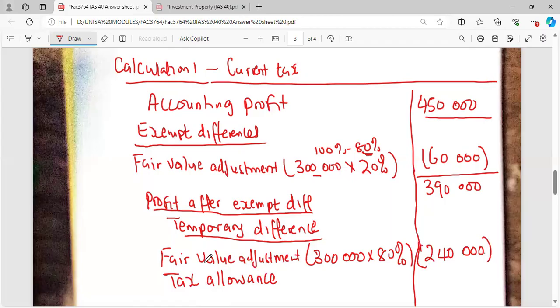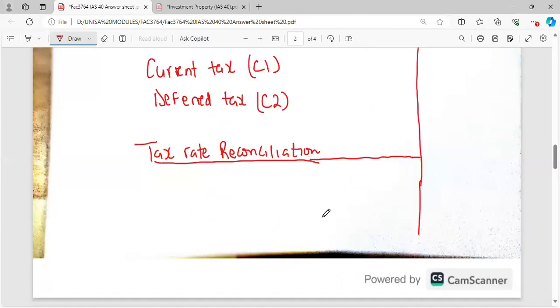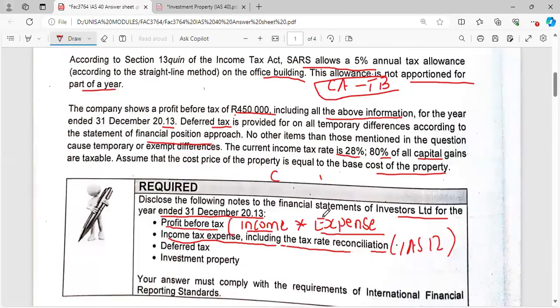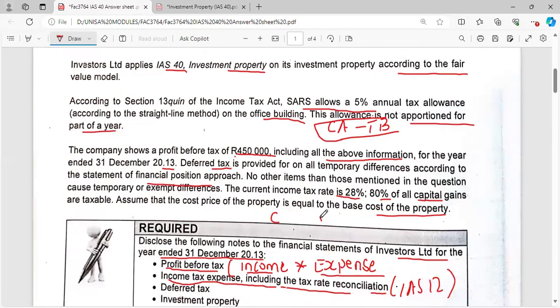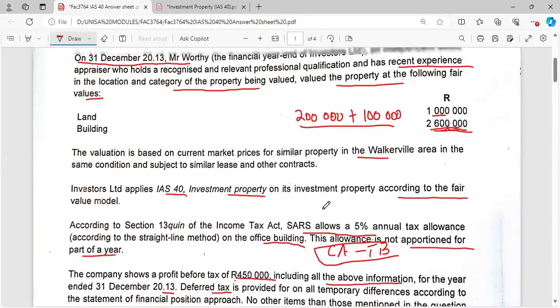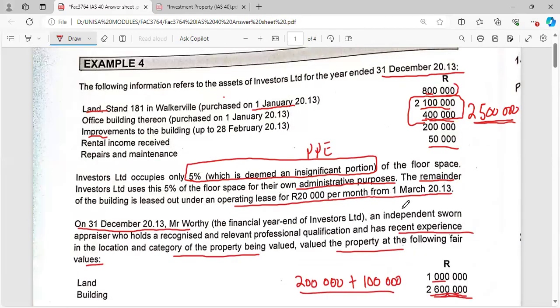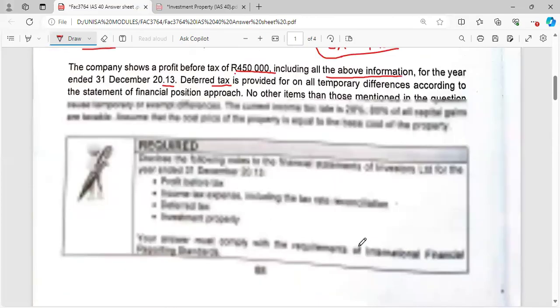We do the same structure that we do when we are doing our AIS 12. Right. So let's look at the tax allowance: it is 5% of the cost of the building. The cost of the building is 2,500,000.